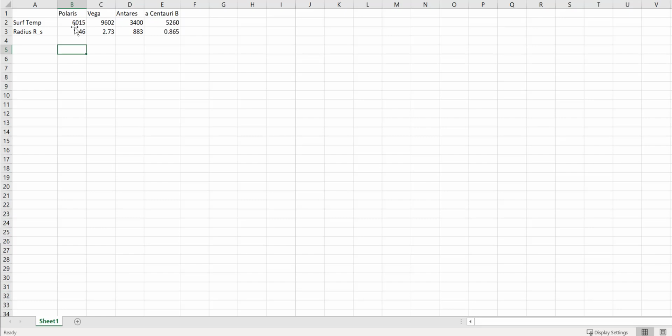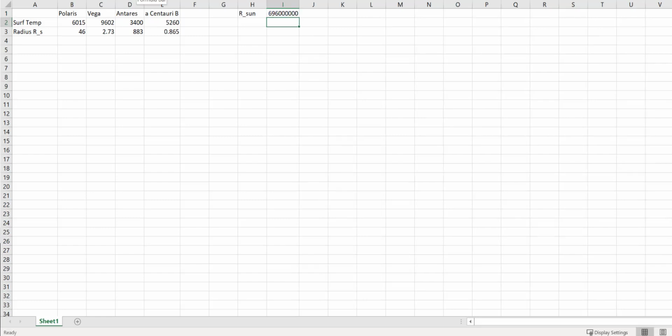So the radius is given in units of the radius of the Sun. So our Sun, R_Sun, is equal to 6.96 times 10 to the power 8, and I have to be careful since we're now doing an equal sign here.